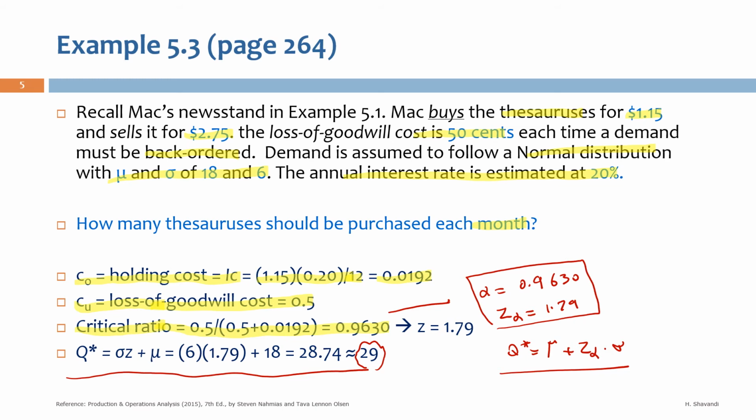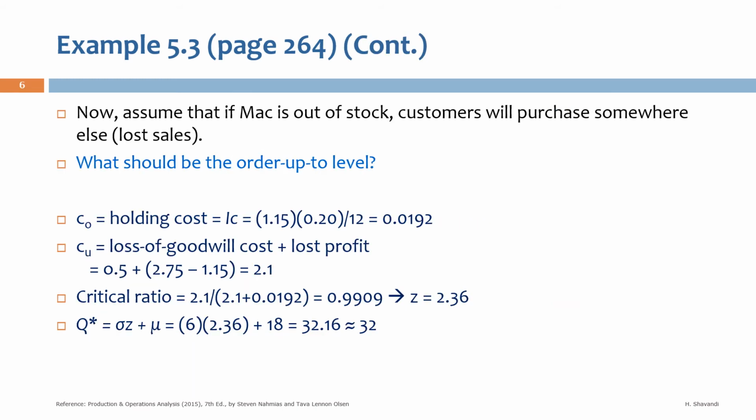Okay, now let's assume the lost sale situation. So here the customers will purchase somewhere else if we don't have inventory. So here the CO, the overage cost, will be the same as before, but for CU we will have lost profit as well, besides the loss of goodwill cost. So it will be 0.5 as the loss of goodwill cost plus the lost profit.